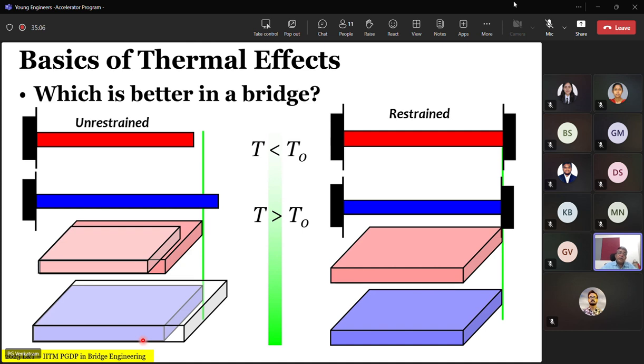Assuming that alpha is 12 into 10 to the power minus 6. Do you recall this number when we did the temperature loading? Coefficient of thermal expansion. So let us say it's a linear bridge. Is anybody doing the calculation? I want you to tell what will be the force if it is a restrained arrangement.